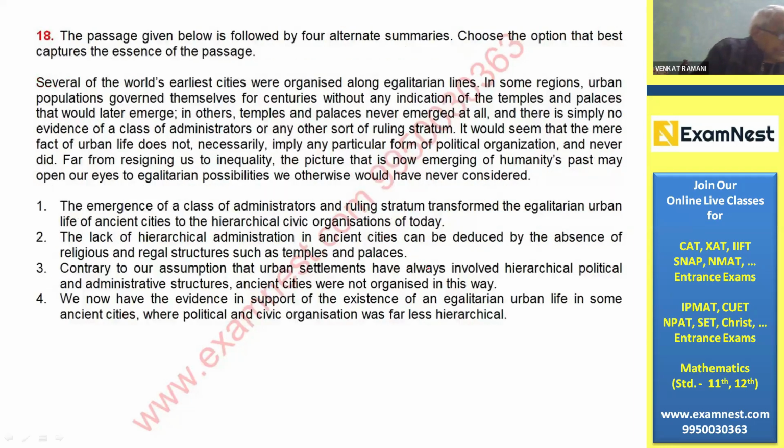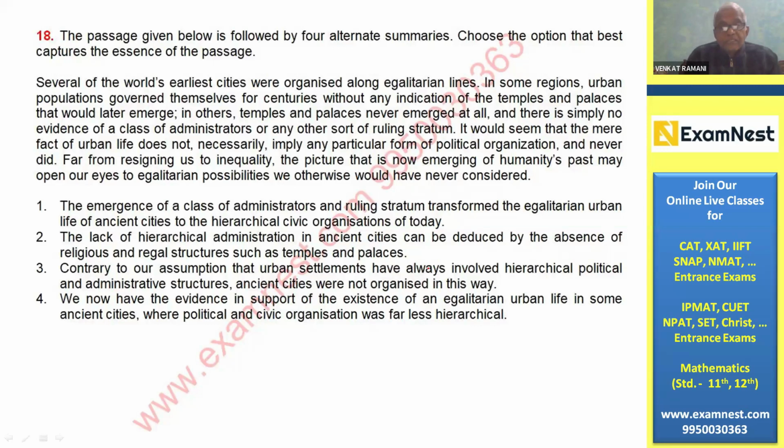Now let's look at the next question. He says choose the option that best captures the essence of the passage. He's given you 4 summaries of a passage at the top. If you look at the passage, several of the world's earliest cities were organized along egalitarian lines. Now, that is one point.